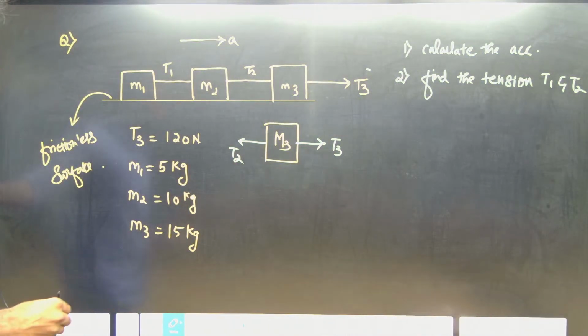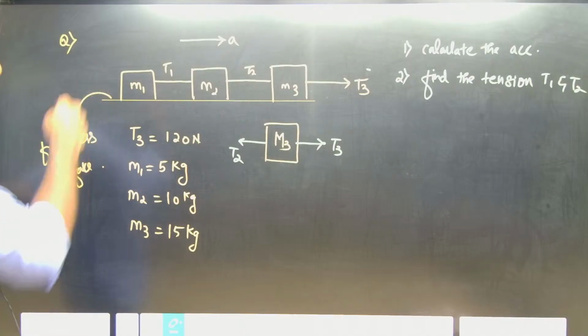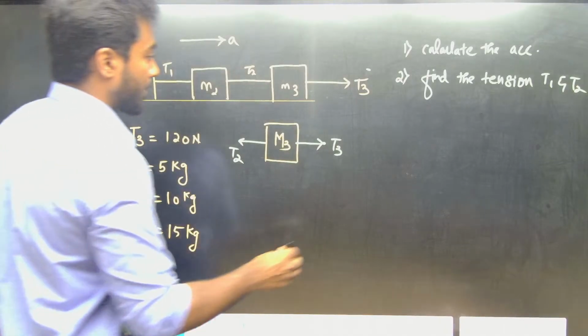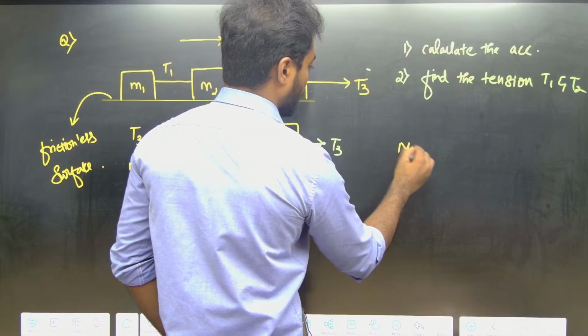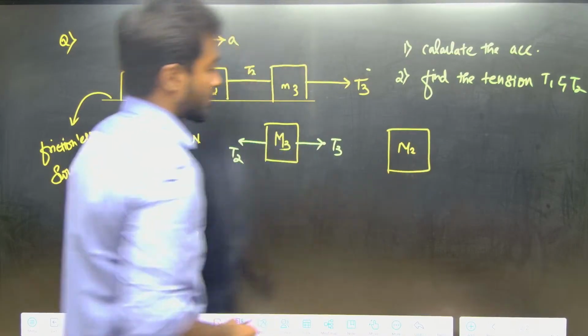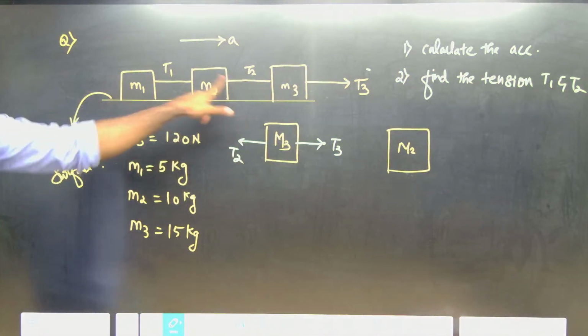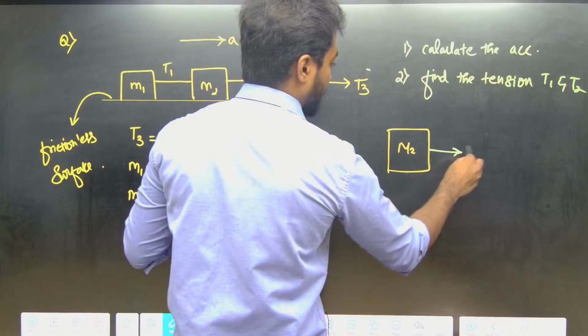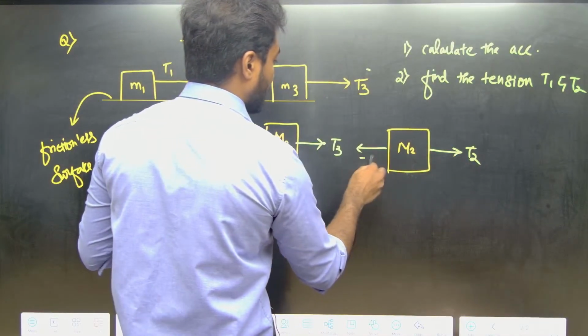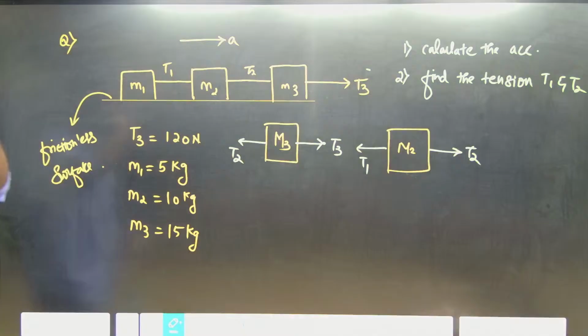The next one, M2, I need to find, right? This is my M2. T2 and T1 are acting, both away from the body. T2 will be in this direction, T1 will be in this direction. The final one is M1.